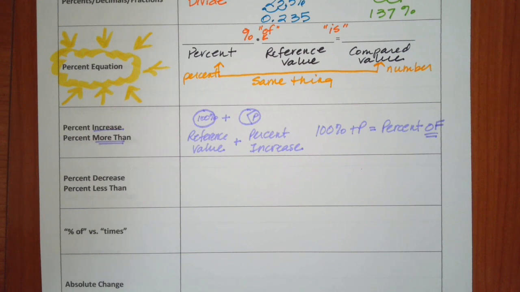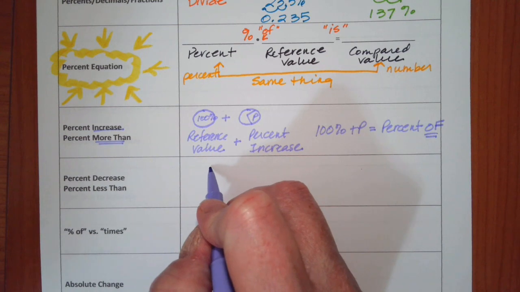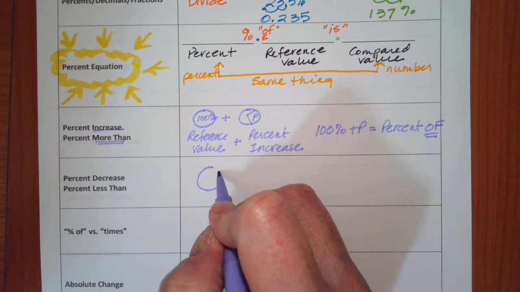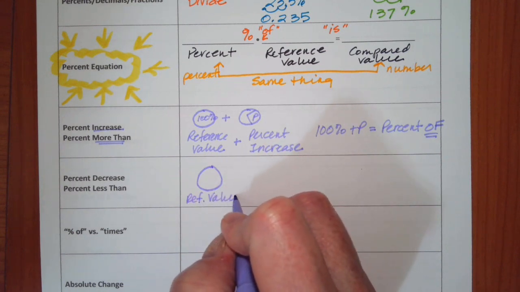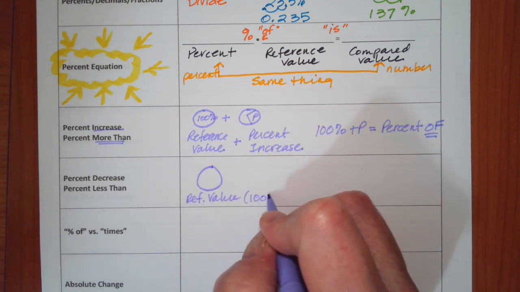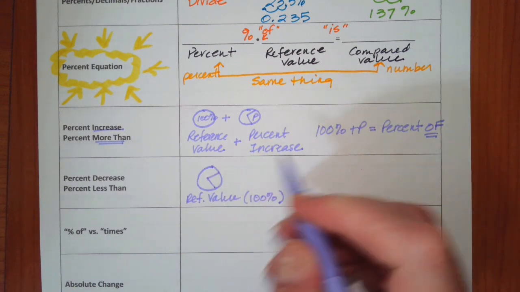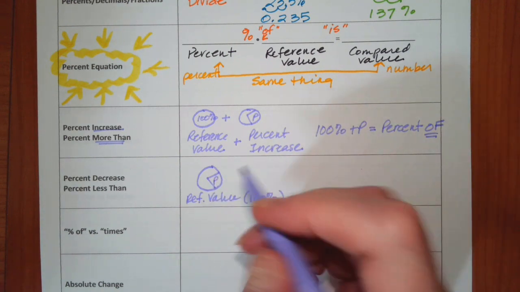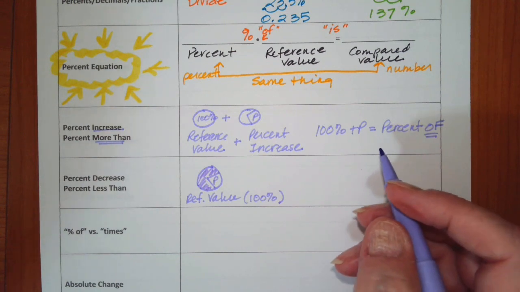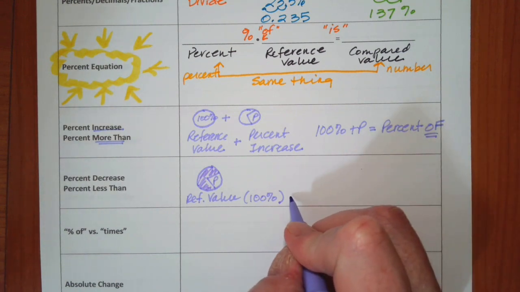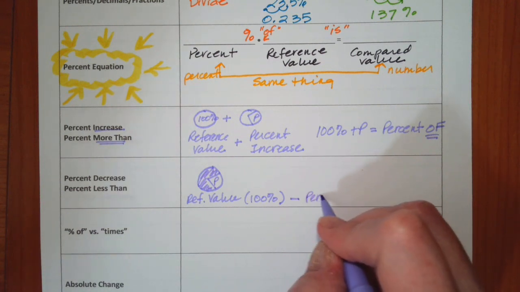Okay. If I have a percent decrease or a percent less than, I am going to have my reference value, I'm going to start abbreviating, which is 100%, and I am going to remove some portion. So all I have left is this. So it's going to be the reference value minus the percent decrease.